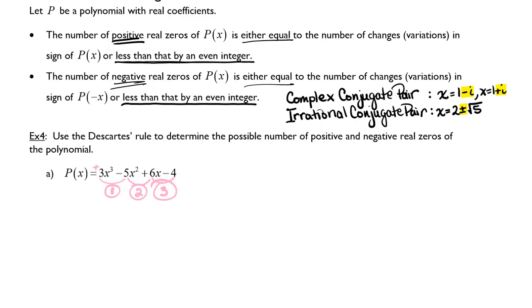So since all the signs alternate, we would say there are at most 3 positive real zeros.